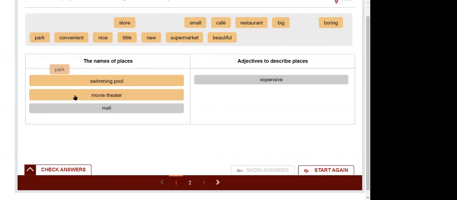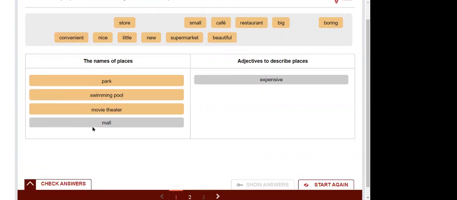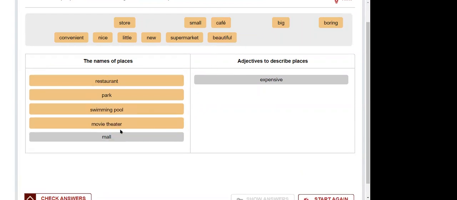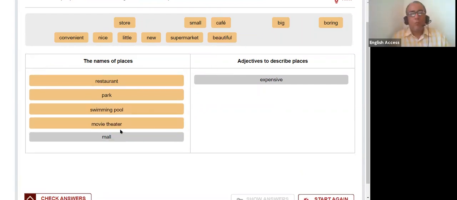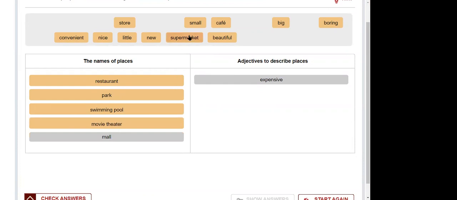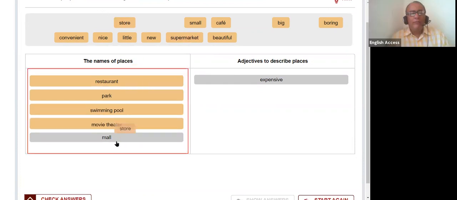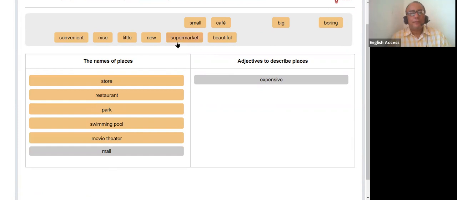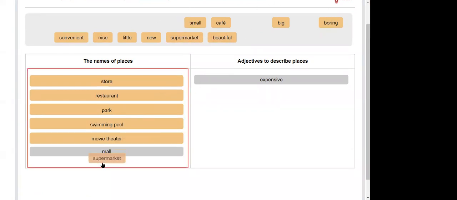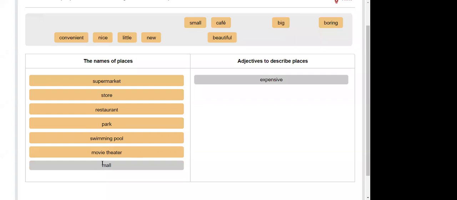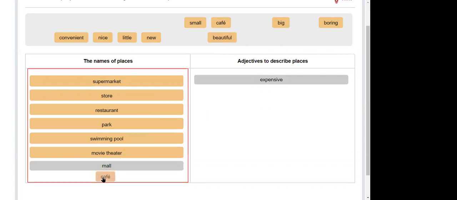Park, okay. Restaurant, exactly. Another one? Store, supermarket. Supermarket, yes. Is there another one? Café, yes.